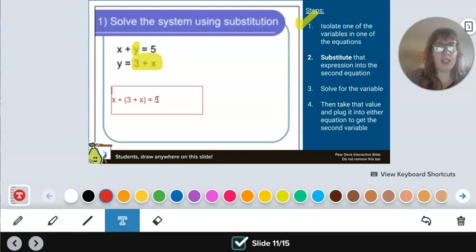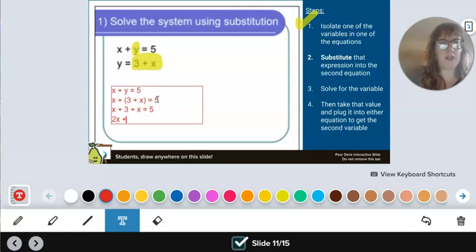And again, this started as x plus y equals 5, but then we just plugged in that expression for y. This is all addition, so we're just distributing a positive 1 to get rid of the parentheses. 1x plus 1x is 2x plus 3 equals 5.